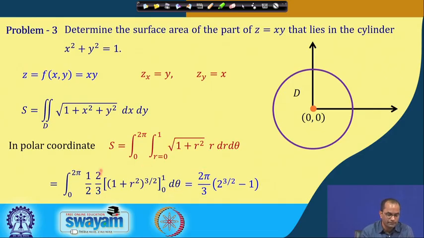So, 2 pi by 3, this 2 gets cancelled. So, 2 pi by 3, and when we put r equal to 1 we have 2 power 3 by 2, and when we put 0 we have 1 there. So, that is the surface area of the surface xy, which lies within the cylinder of radius 1 and center 0 0.